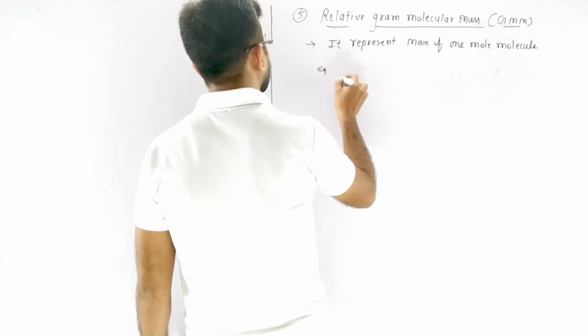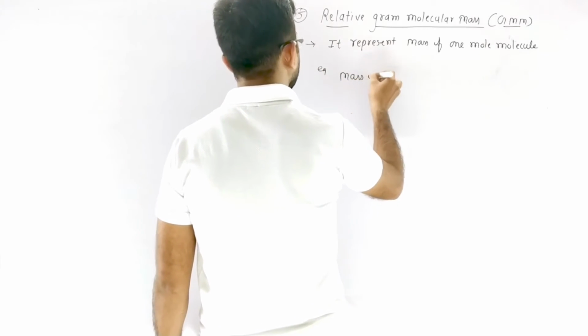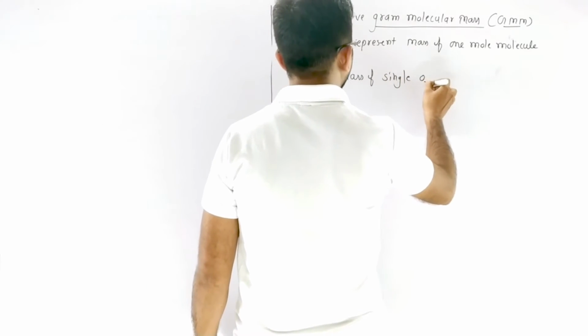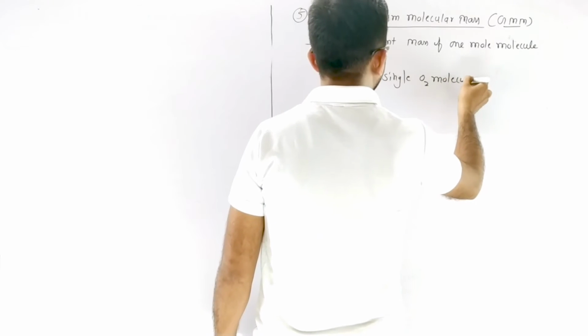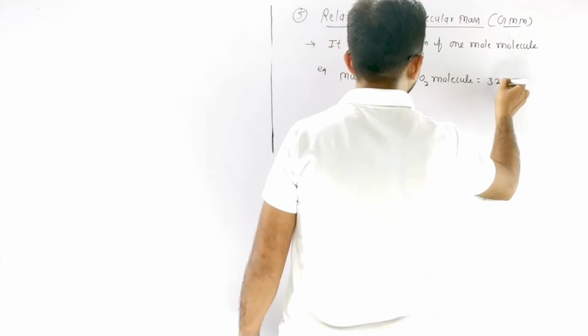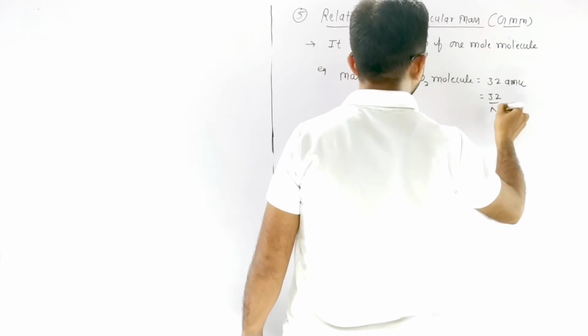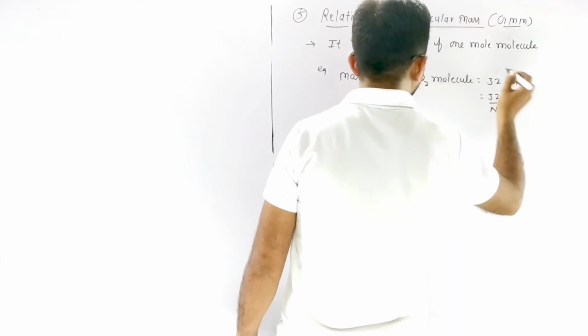We have an example: we know that the mass of a single O2 molecule is represented by 32 AMU, or we write 32 divided by N_A gram.